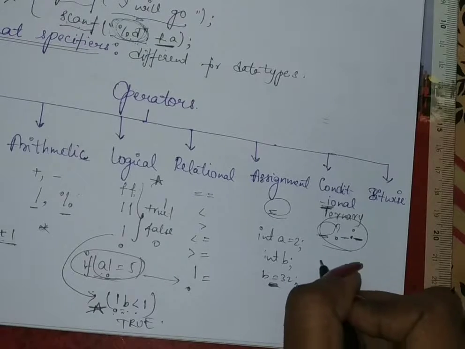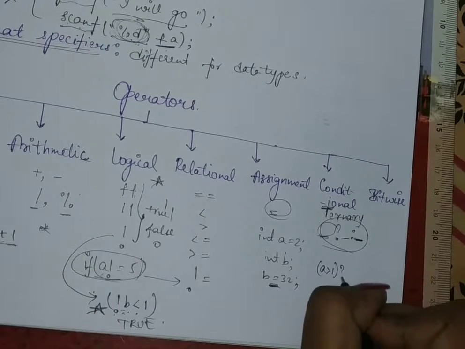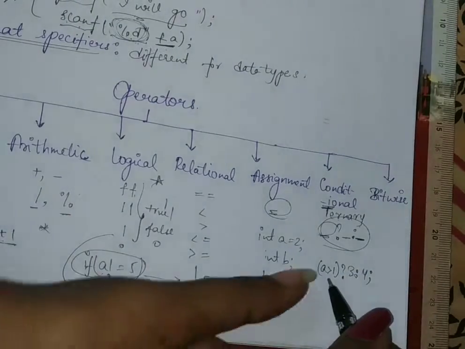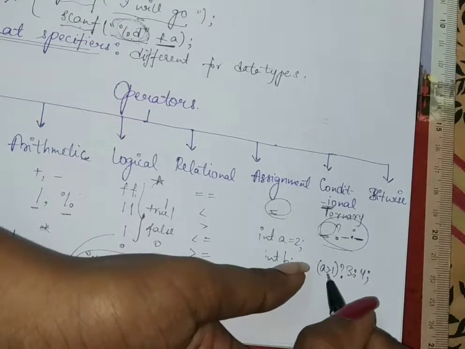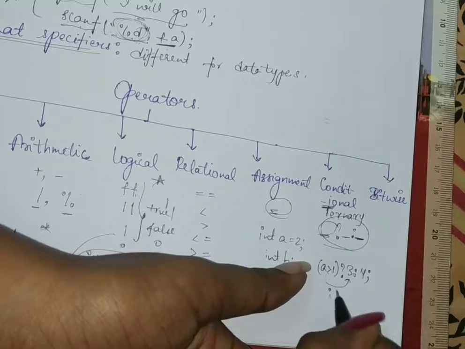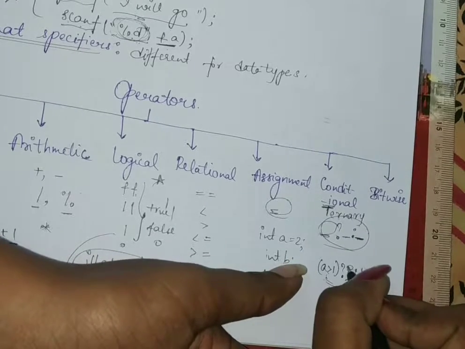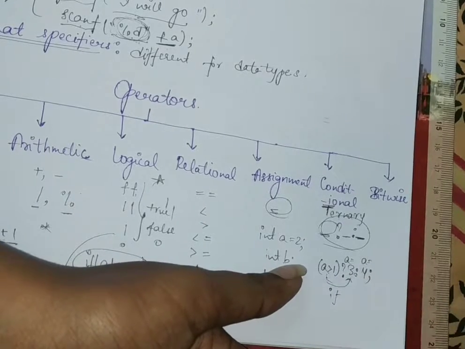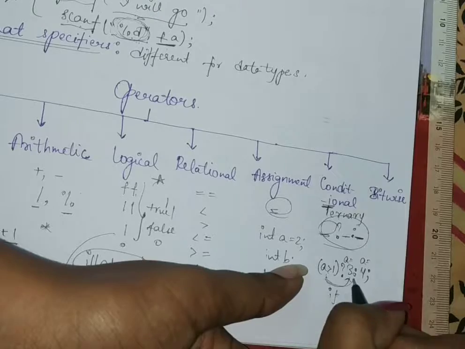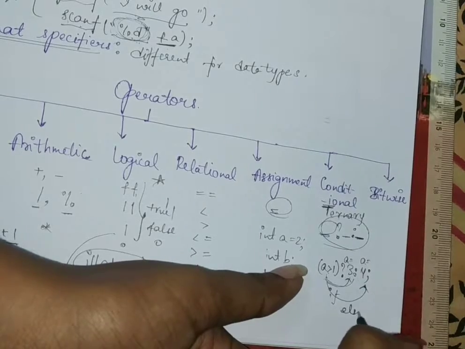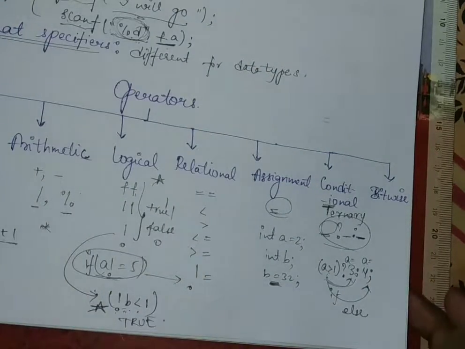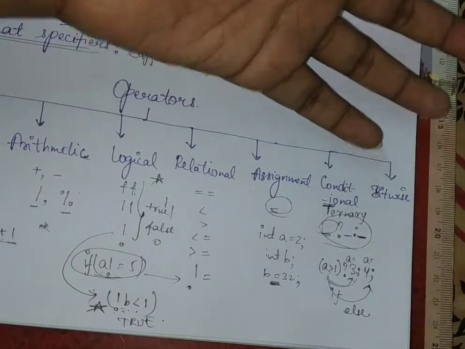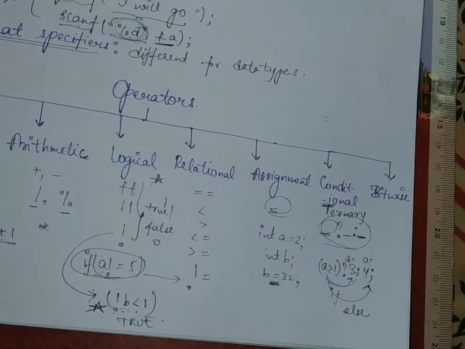For example, it will be something like this. The meaning of this is, if a is greater than 1, then a is equal to 3, else a is equal to 4. So this is basically the if part, and this is basically the else part. It's important if you want to make the program compact. Obviously, instead of writing a big if-else statement, you're just writing it in one single statement.